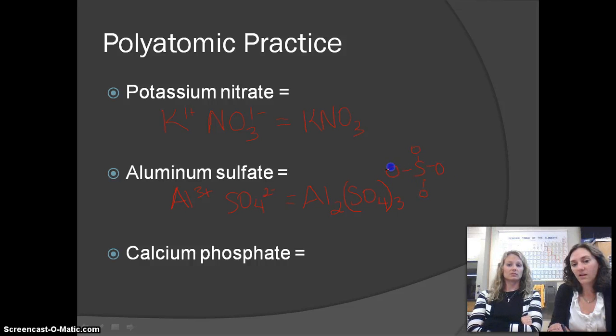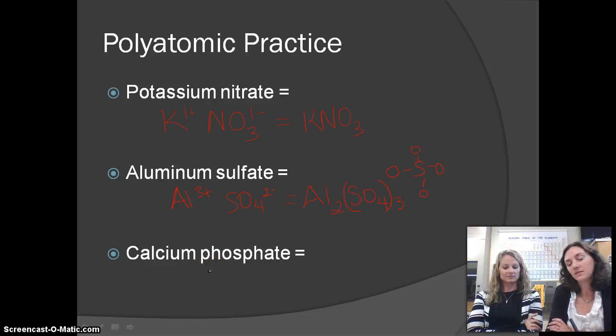So this means that you've got 3 of these attached to 2 aluminums. If you tell me that you have 43 oxygens, that's not right. If you multiply 4 times 3, that's not right either, because then you're telling me you've got 12 oxygens for every 1 sulfur. That's incorrect. Keep it in parentheses. It'll make your life easier.